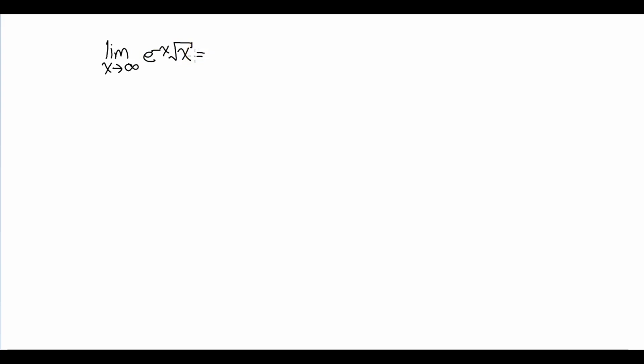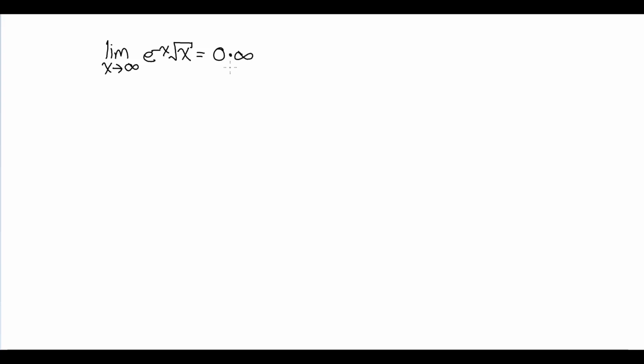Now what does that equal? As x approaches infinity, e to the negative x approaches 0. However, the right term, root x, approaches infinity, so you have 0 times infinity, which is an indeterminate form.